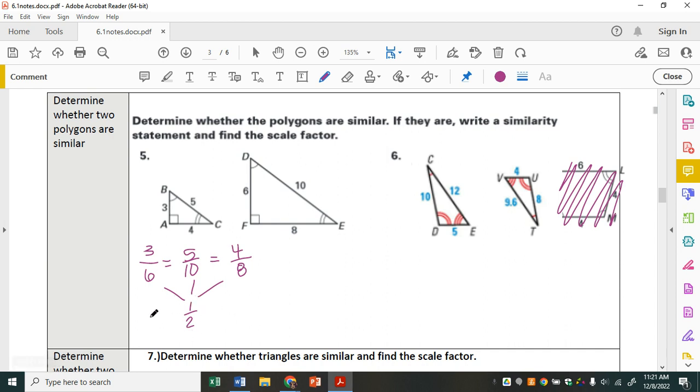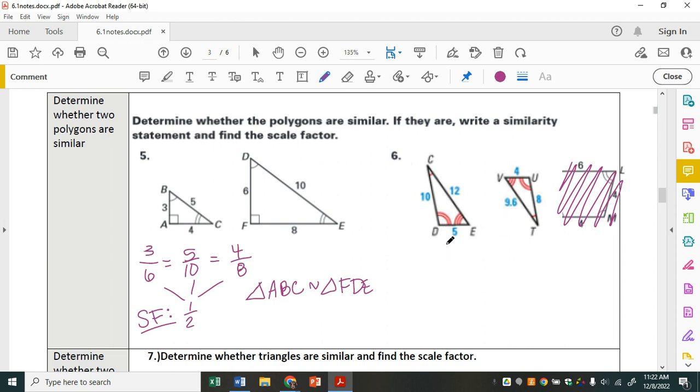Okay, since they all reduce down to the same ratio, this is our scale factor. Right, our scale factor is 1/2. And then our similarity statement, I'm going to say triangle ABC, I'm using my similar symbol, is going to be similar to triangle FDE.